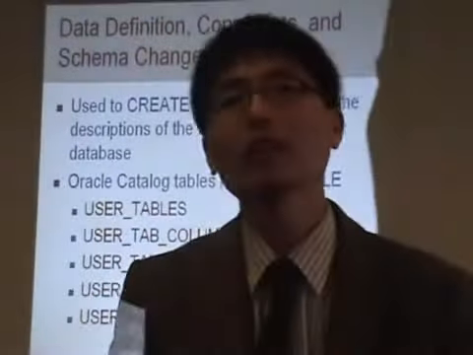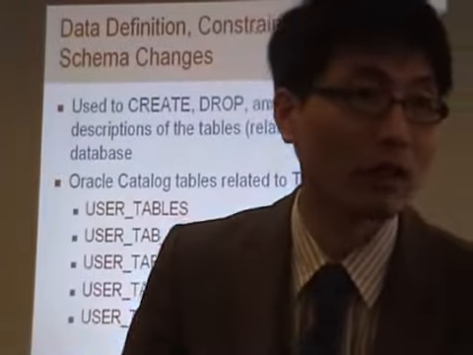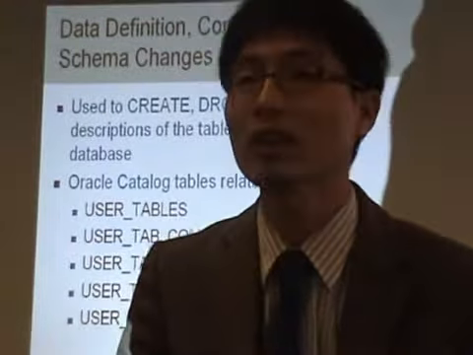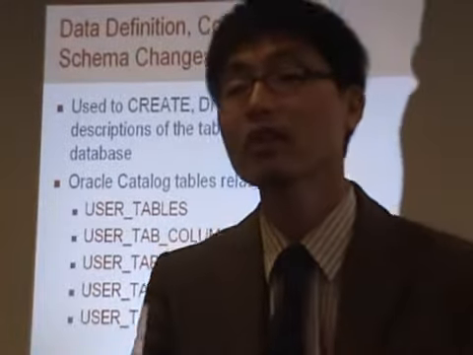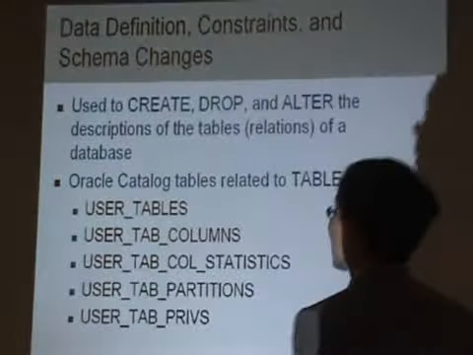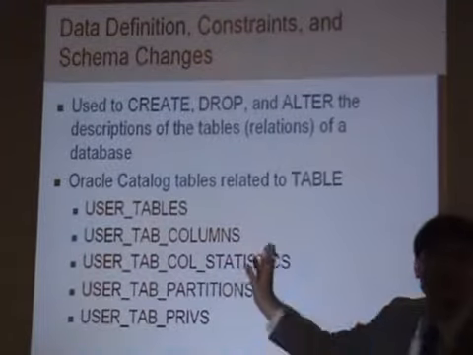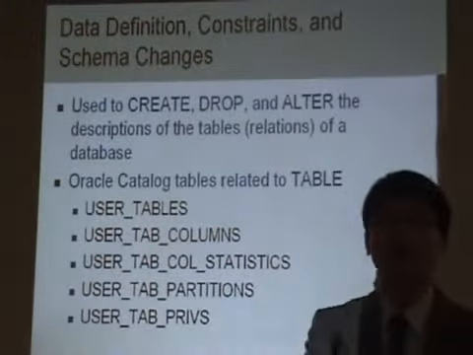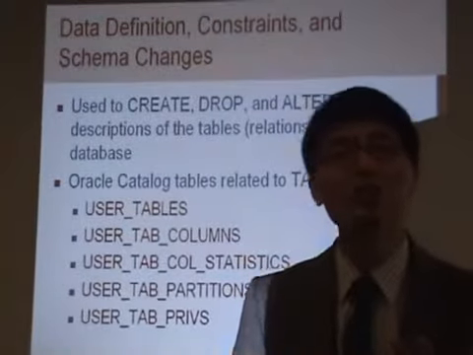This information is good for whom? The database administrator. The database administrator actually does not have to ask which table you created. The database administrator can select such a description by accessing this table. Also, developers: I create a new table, but I forgot which table I created.